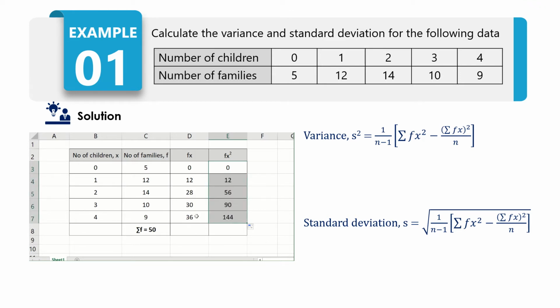Okay, therefore, from the formula, we want to find n, which is the total of f, 50, and the total of fx, which is the sum from the first row until the last row.